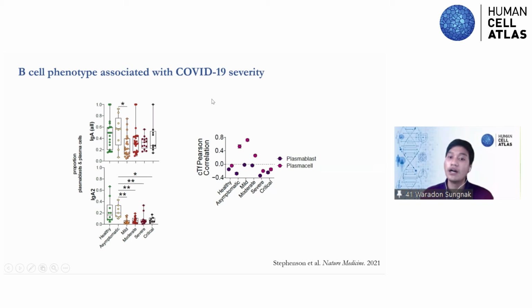We also found, based on the correlation of cell type frequency, a significantly positive correlation of circulating TFH cells and plasma cells only in asymptomatic and mild donors, suggesting that having TFH with plasma cells could lead to better affinity maturation and be associated with better protection without causing, of course, immunopathology.